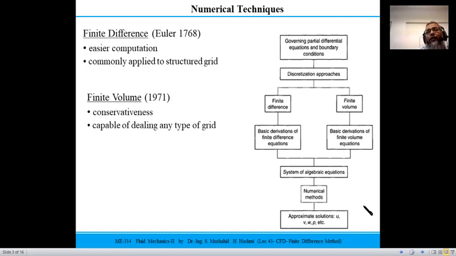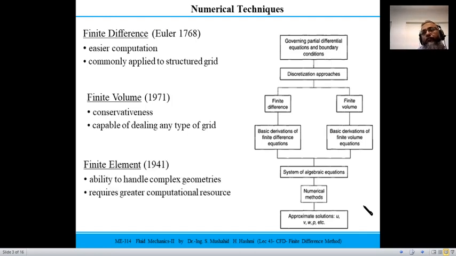So that's why, compared with finite difference, this technique is capable of dealing with any type of grid. The finite element method is a technique in which one can handle complex geometries, but it requires more computational resources.